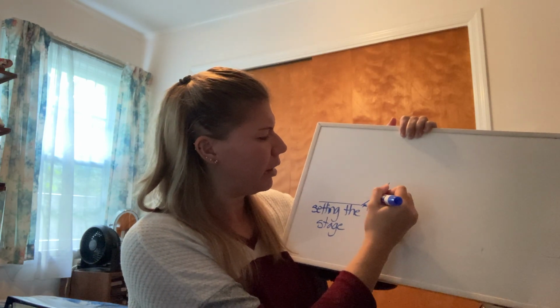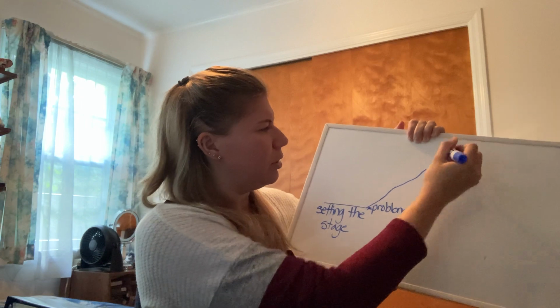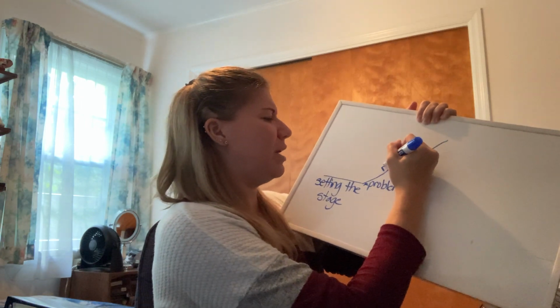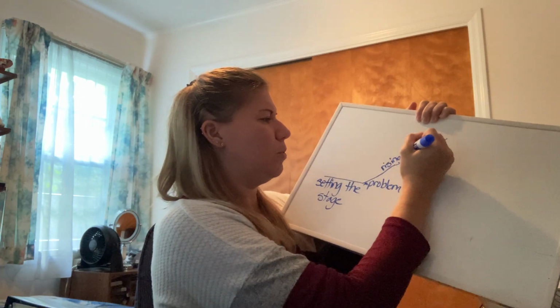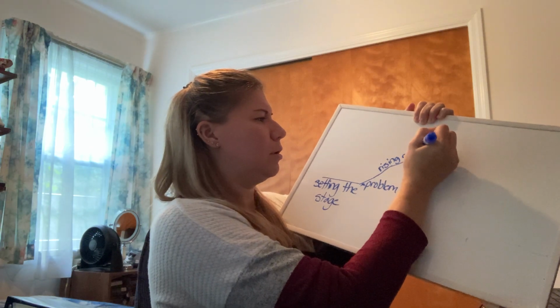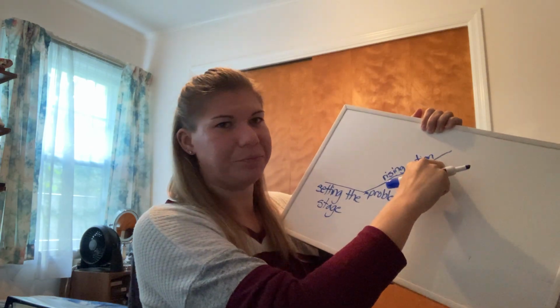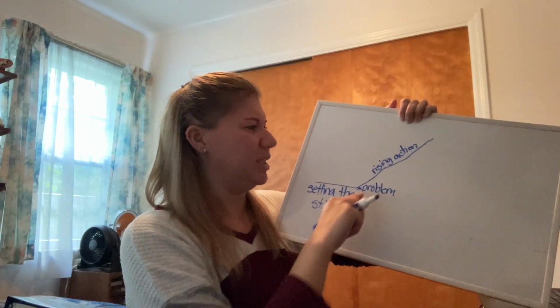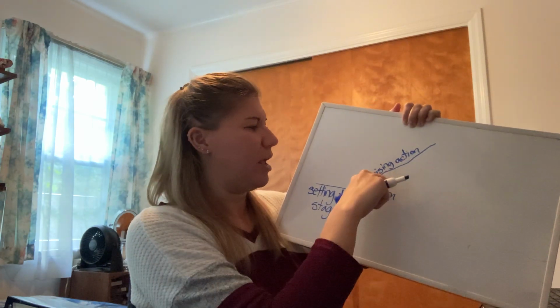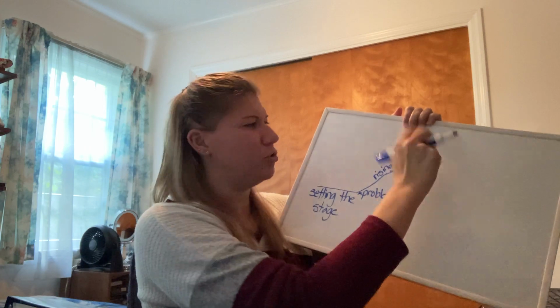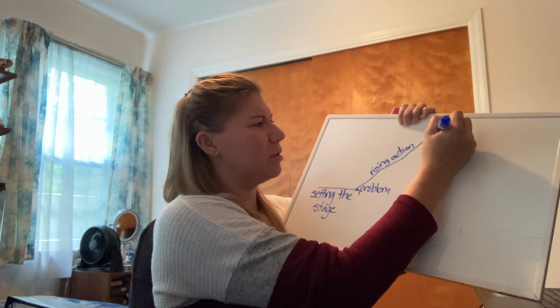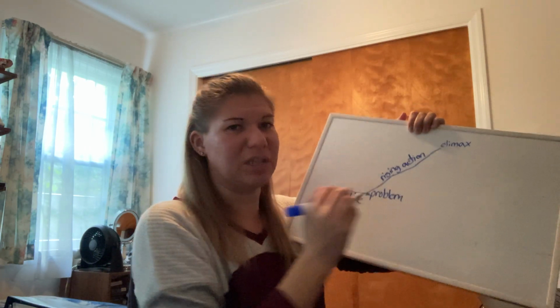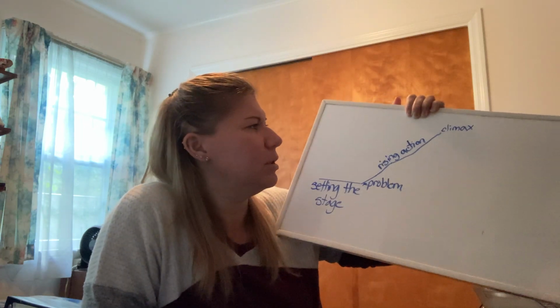So your story is going to have all of this, what is called rising action, which is how your story is becoming more and more interesting, and all of the things that are leading up to what is called your climax, which is when something really, really big happens.